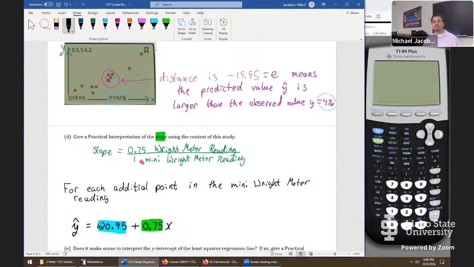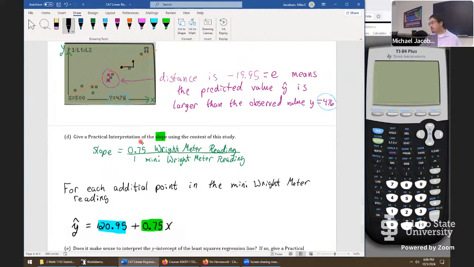So we're mentioning the denominator first. We're visualizing that we're on some random spot on the graph right here, and the mini right meter moves over by a distance of 1. Then we have to go up on this graph to get the actual predicted value again. The value we go up by is that 0.75 we have in the numerator.